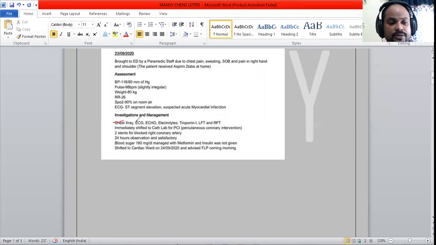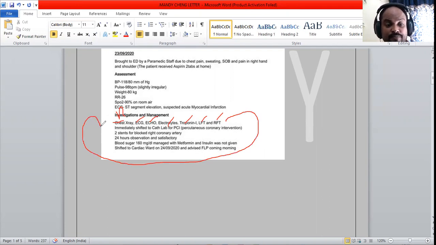You can see chest X-ray, ECG, echo, electrolytes, troponin, LFT, RFT, and all these things. So we have a series of investigations, including radiology and blood. And this confirmed her diagnosis and the blockage.